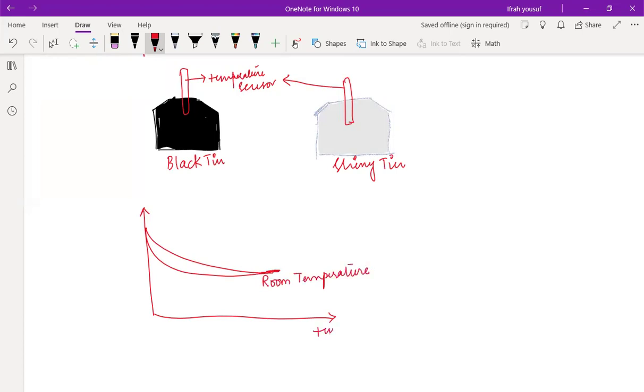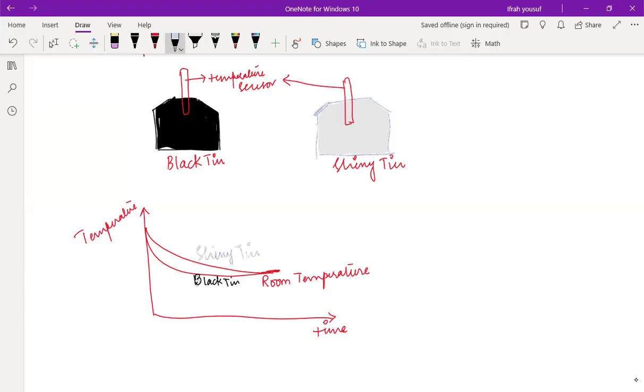And the time is taken on the x-axis and the temperature is taken on the y-axis. So you have to identify that this curve is for the black tin. This one is for the black tin. And this is for the shiny tin.